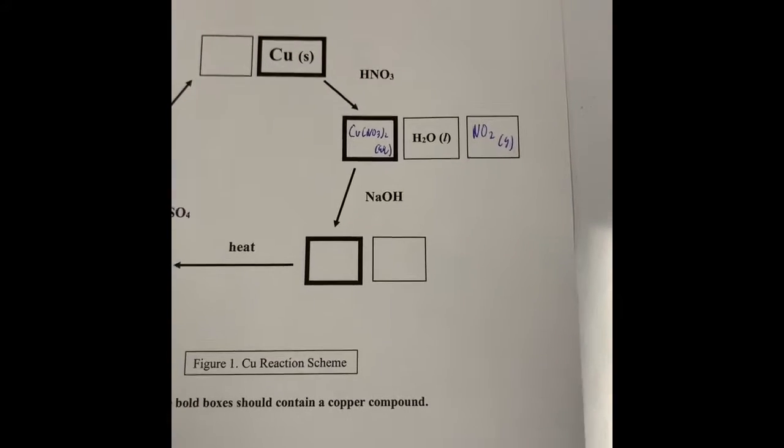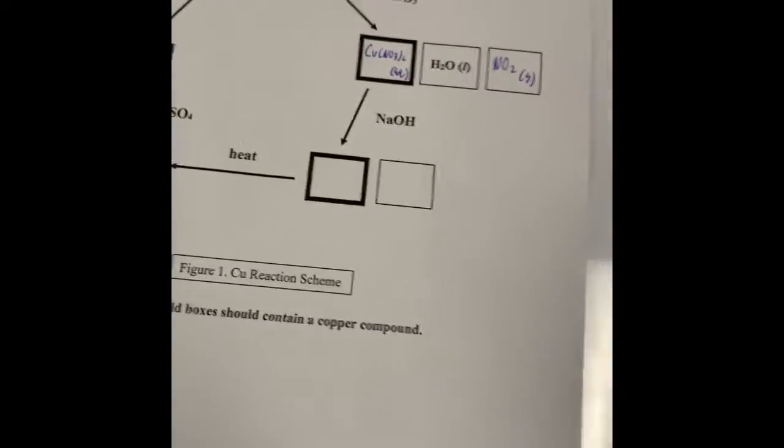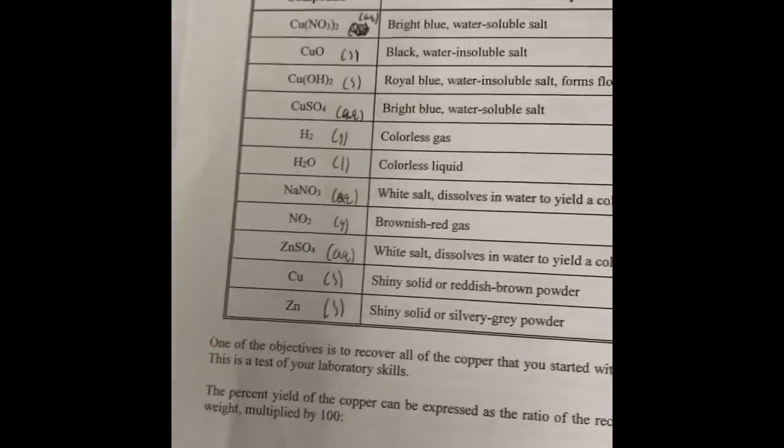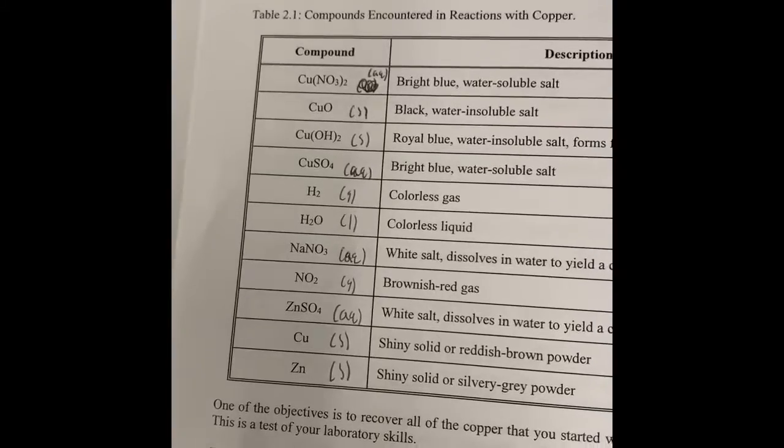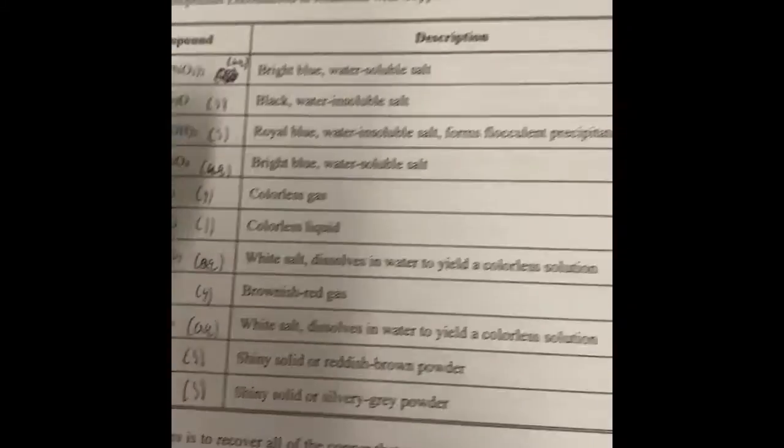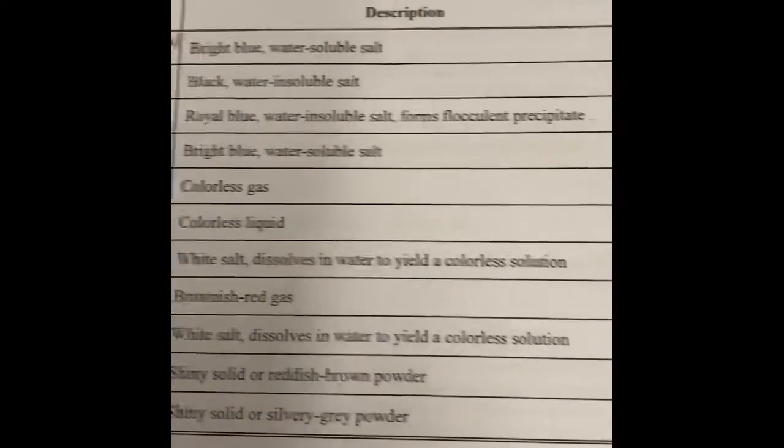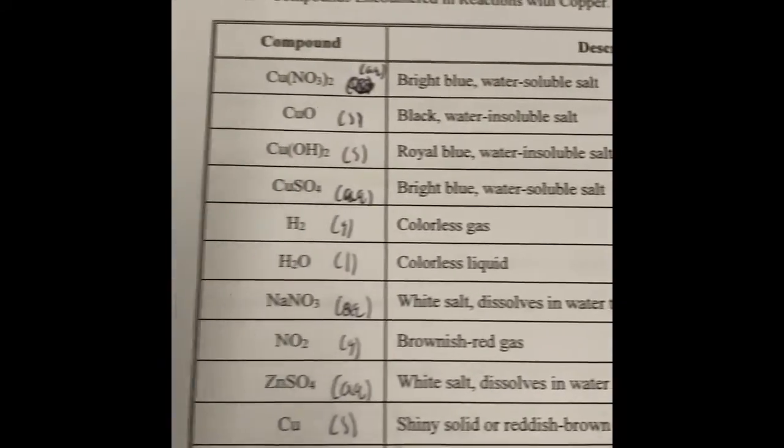When that is completed, sodium hydroxide was added. When sodium hydroxide was added, it turned into a chunky, bright blue solution. So, going back to the chart, Cu(OH)2, it's royal blue, and it's a solid. So, that seems as if it would work.